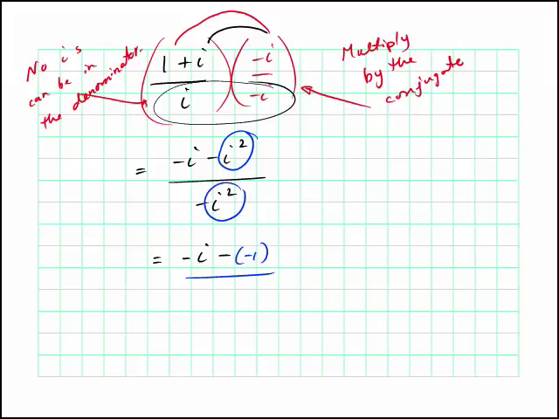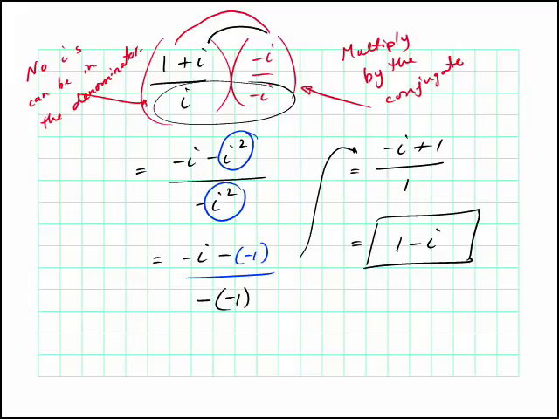And this right here, notice the negative sign's on the outside, so I got a negative, negative 1. Putting my answer up here, negative i plus 1 over 1. And so my answer is just 1 minus i. Okay. And we have divided our complex numbers.